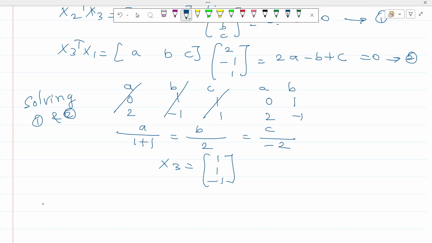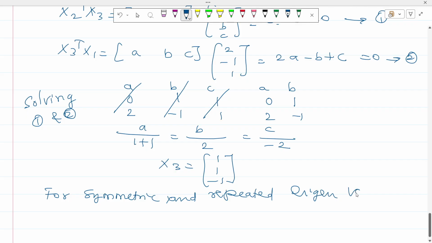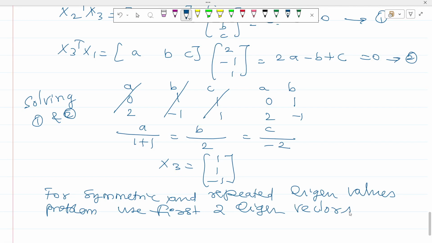So if it is a repeated eigenvalue for a symmetric matrix, we have to use these two eigenvectors to find the third eigenvector.